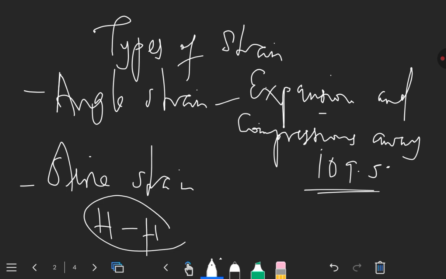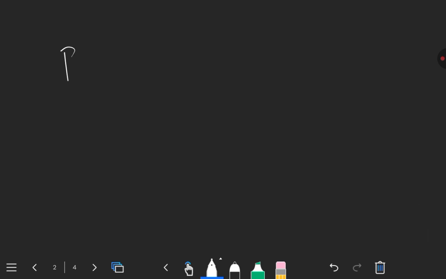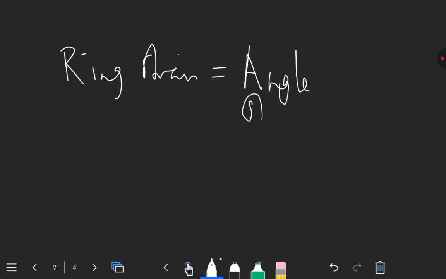Then when you're talking about ring strain, ring strain is the combination of angle strain plus torsional strain.